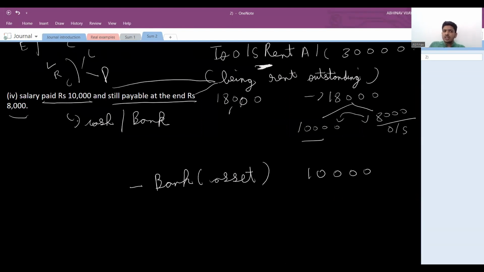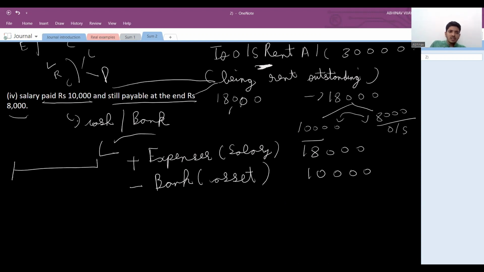Same case here. They're telling 10,000 is paid and 8,000 is payable. That means 18,000 is a salary. Correct? So expenses, which is salary, is 18,000. Correct? Why is this an expense?